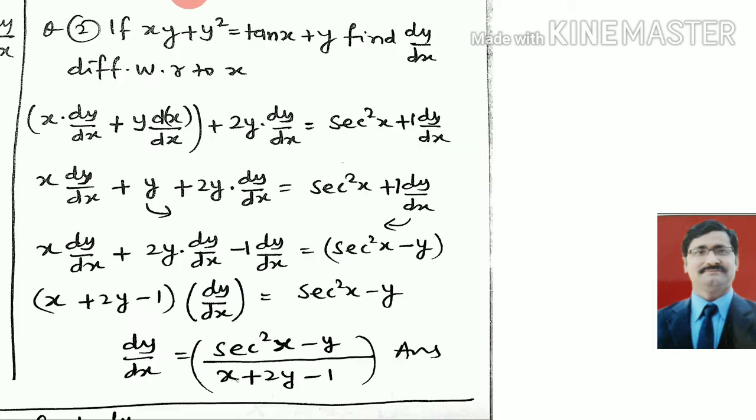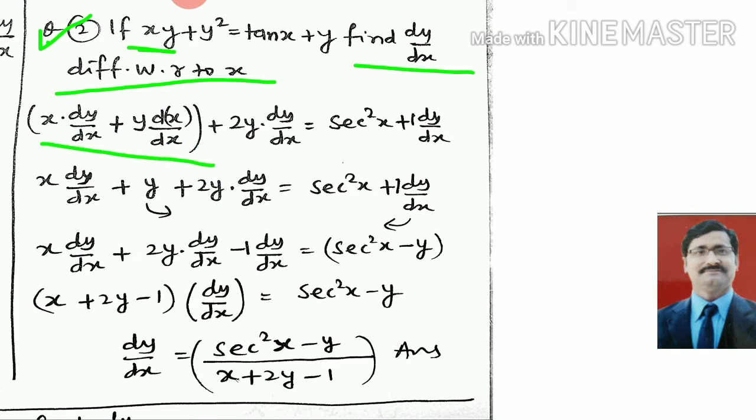Look here, same as it is, question number 2. If xy plus y square equals 10x plus y, you have to find here dy by dx. You will differentiate with respect to x. Here x and y are in multiplication, and the multiplication rule you already know.